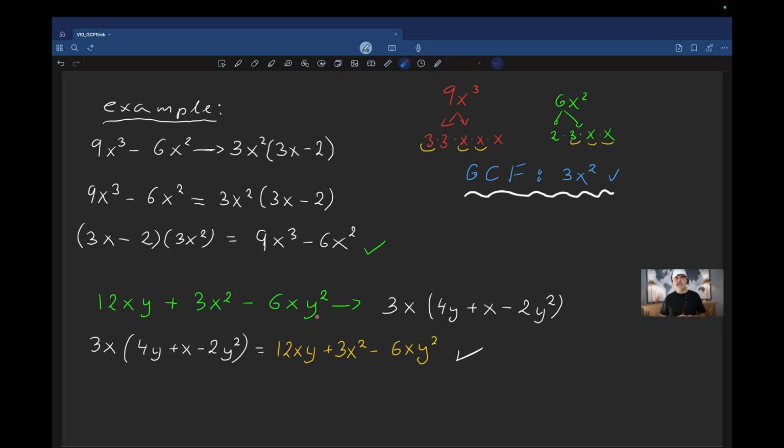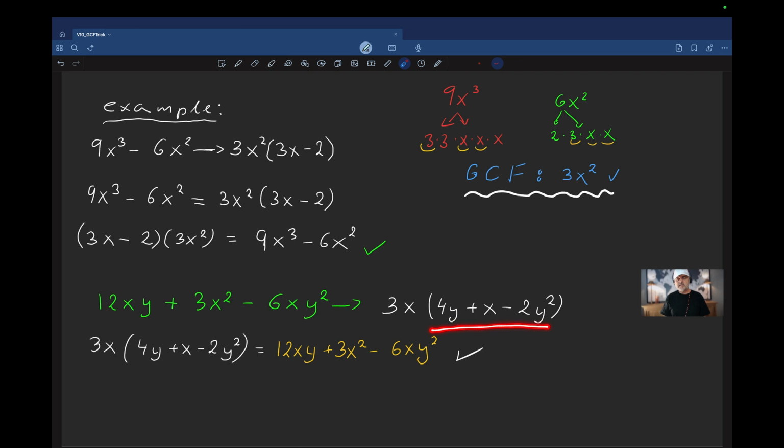Even though it's there in the first and the last term, it's not common to all three. Very important to make that distinction. The greatest common factor, common means it is applicable to each term that is used in the question. So 3x is the only one that is pulled outside.